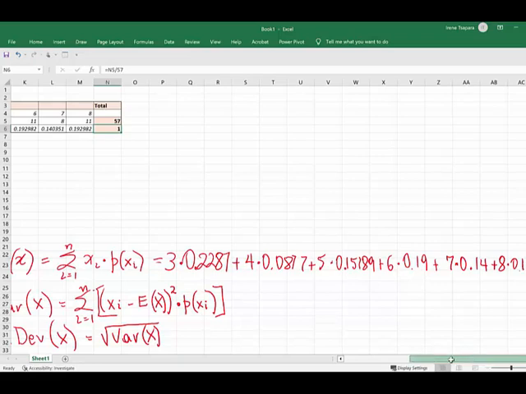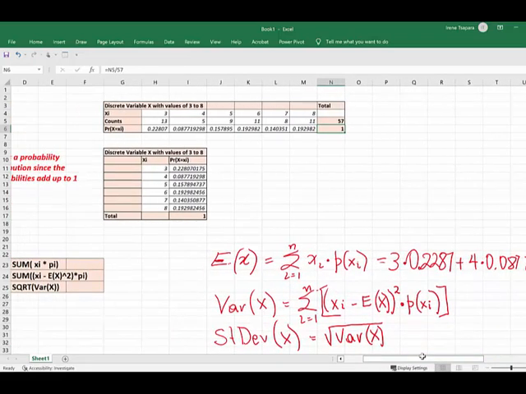This is what I'm doing here. This is what these formulas represent.